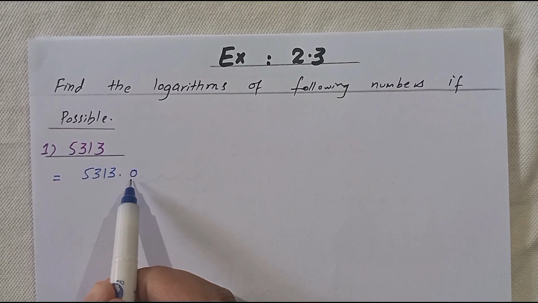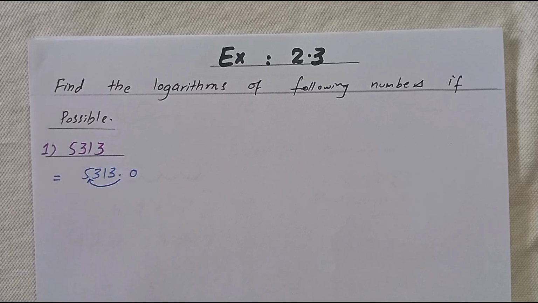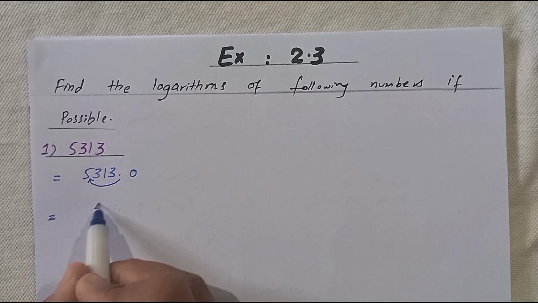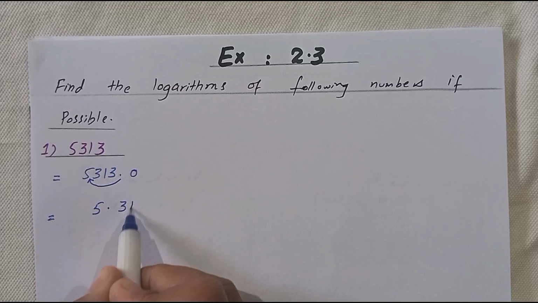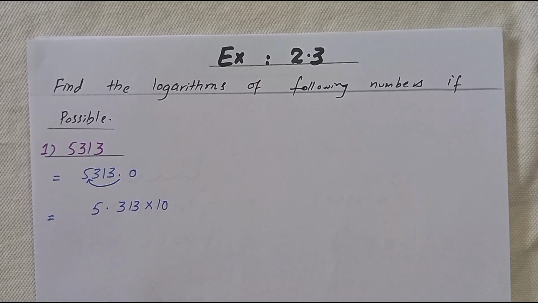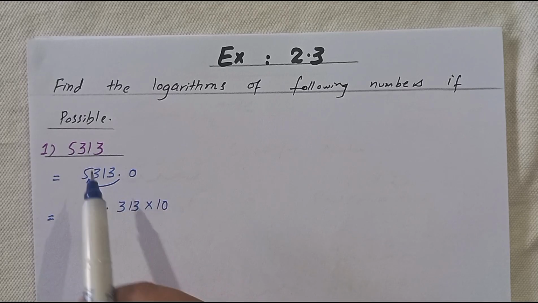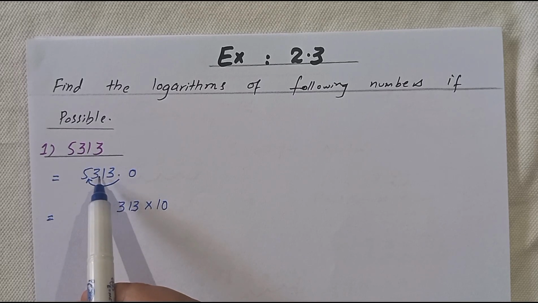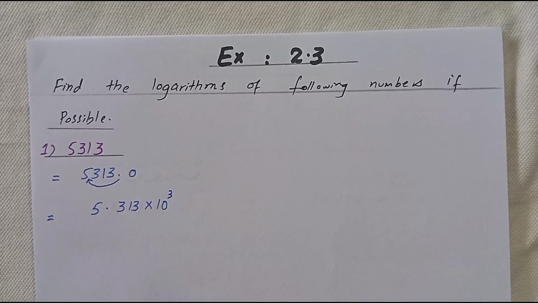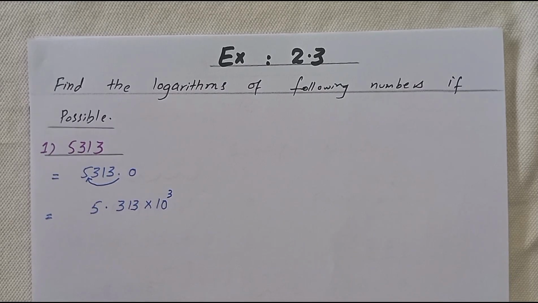To put that decimal after 5, we write in scientific notation 5.313 multiplied by 10 to the power of 3. As we move to the left side of the decimal, the power is positive, and counting the number of digits 1, 2, 3, the power of 10 becomes 3. So we write it in scientific notation, that's the first step.